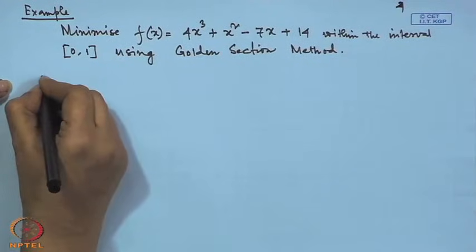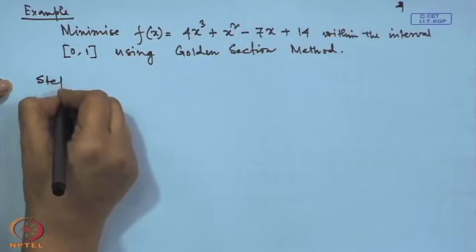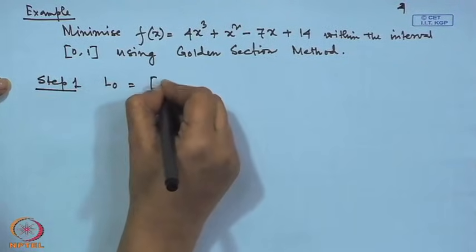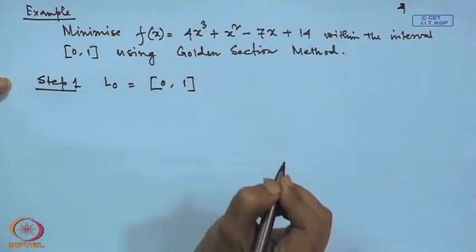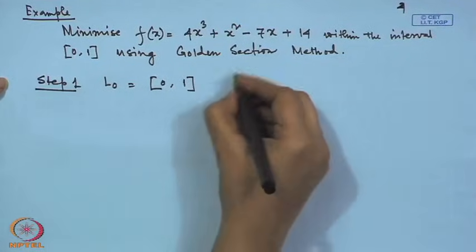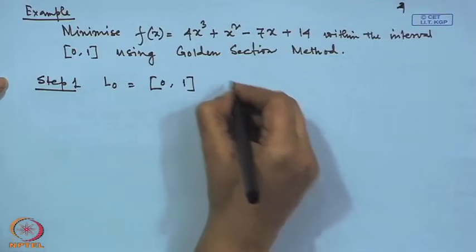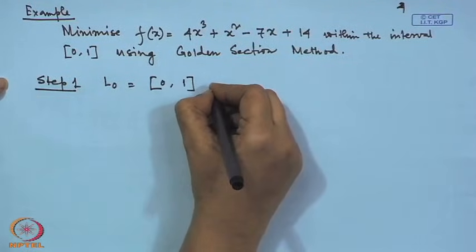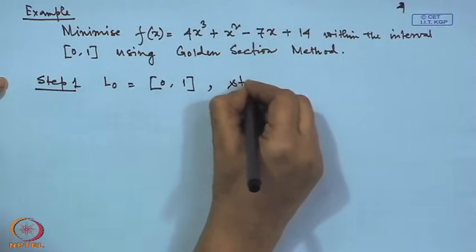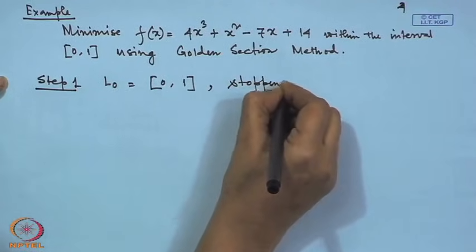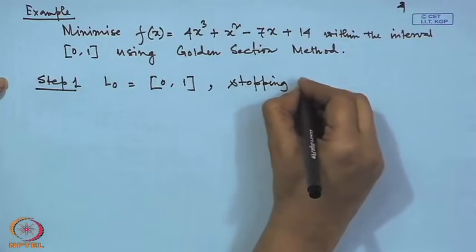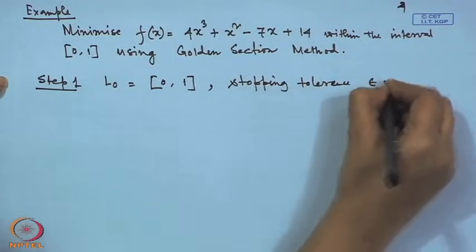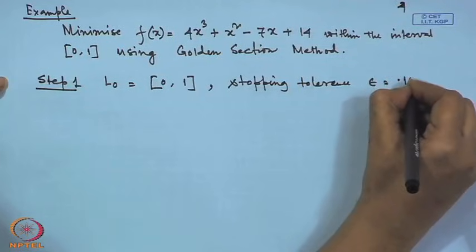What is the first step? First step is that L naught is given to us, that is the initial interval of uncertainty. The length of L naught is 1. Another thing we may or may not consider as a stopping criterion of the iteration process: we are considering a stopping tolerance epsilon equal to 0.15.